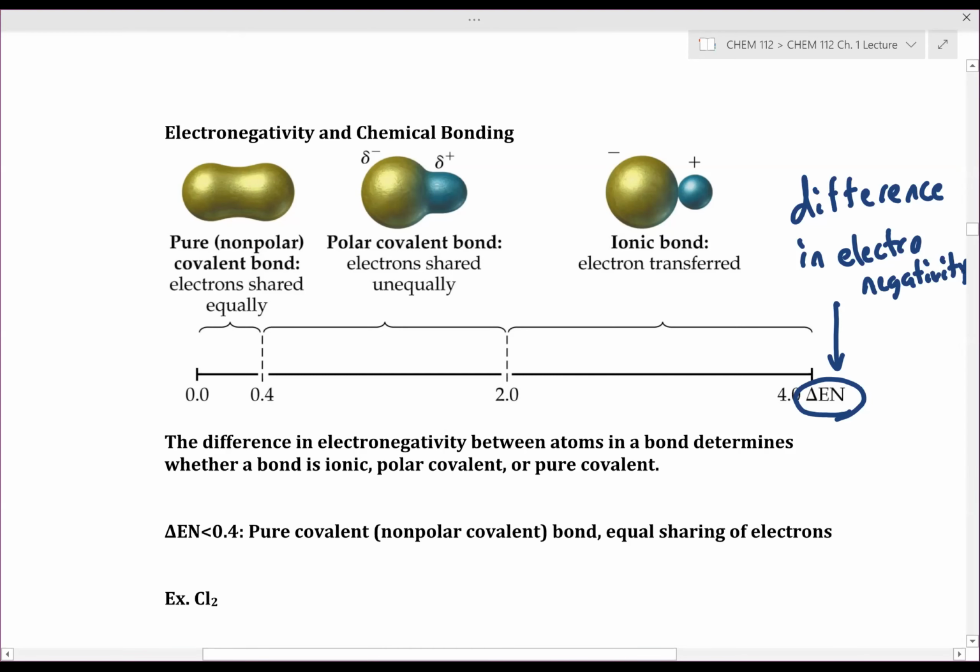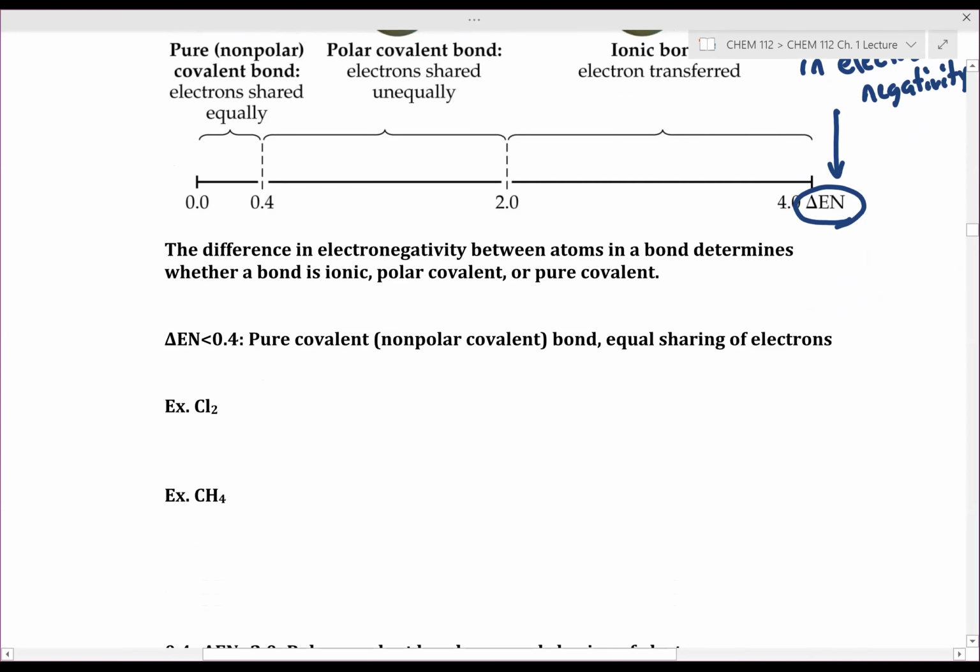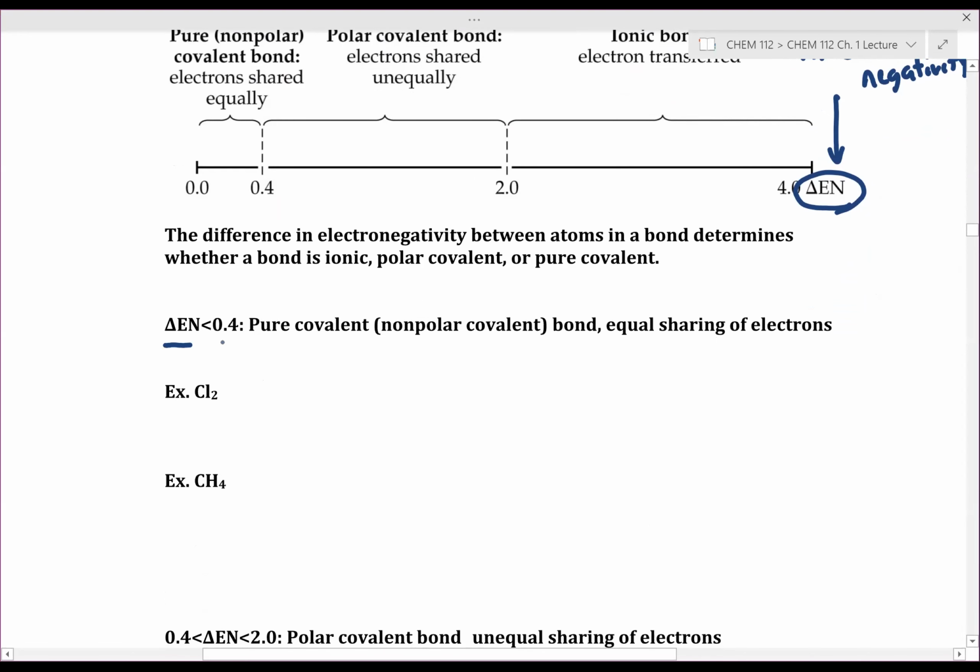Now, if our difference in electronegativity is less than 0.4, we have a pure covalent bond. And this can be considered functionally an equal, even sharing of electrons. There are two major cases where this comes up in this class. You could have a compound containing two atoms of the same element.